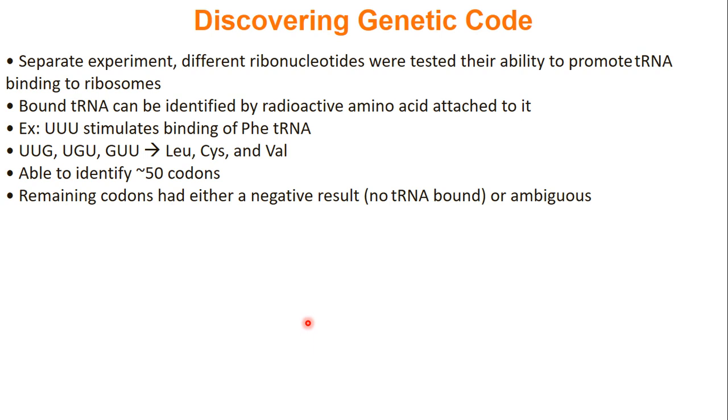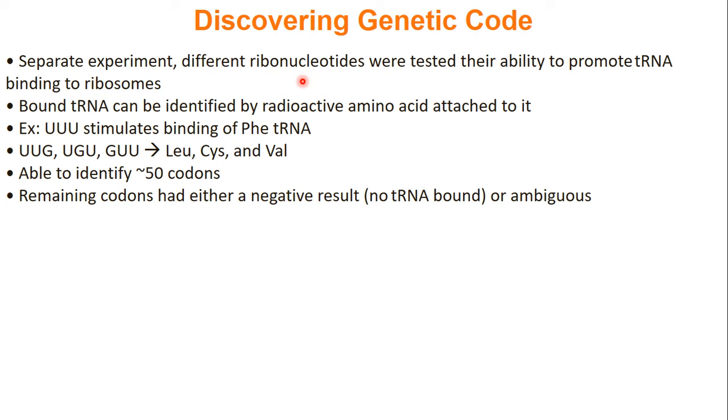Now, in separate experiments that further looked at this code, they took different ribonucleotides and tested their ability to promote tRNA binding to the ribosome. Because if you have a tRNA bound, you can determine what amino acid is attached through radioactivity.